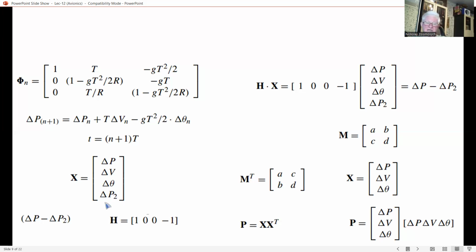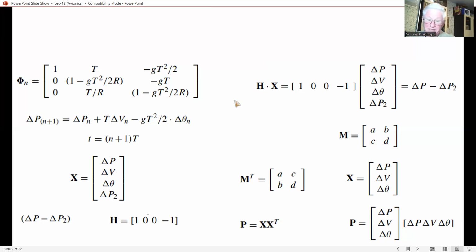All these components are the inertial system errors, except a new expression, delta P2. This is the error in the position reference system. To extract delta P minus delta P2, the measurement matrix H will be represented as this expression on the top right corner of this slide.